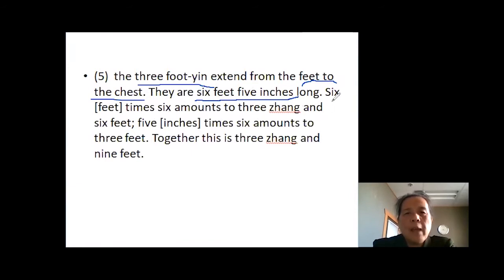So they still calculate separately here: 6 尺 times 6, they calculate separately, 6 尺 times 6 is 36 尺.